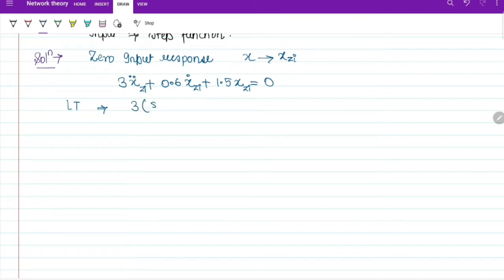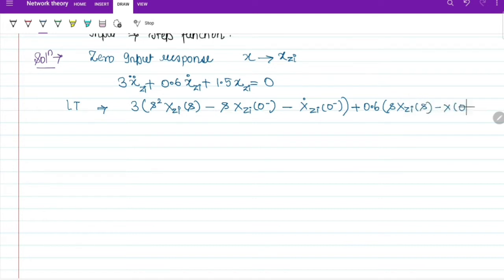So this will be 3[s² X_zi(s) - s x_zi(0⁻) - x_zi'(0⁻)] + 0.6[s X_zi(s) - x(0⁻)] + 1.5 X_zi(s) = 0.